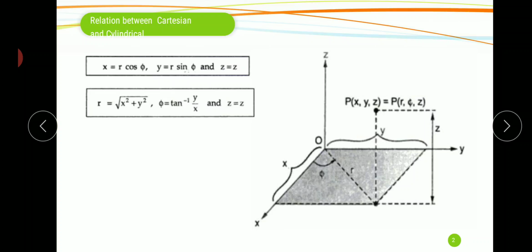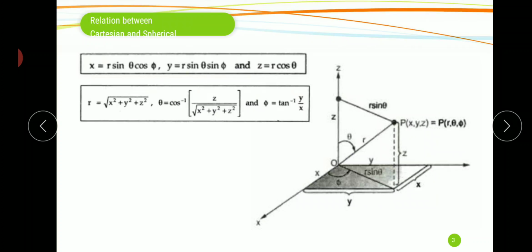And next we discuss the relation between Cartesian and spherical coordinate systems. We already discussed that the spherical coordinate system has variables r, theta and phi, where the limits of r are 0 to infinity, theta limits are 0 to pi, and phi limits are 0 to 2 pi.